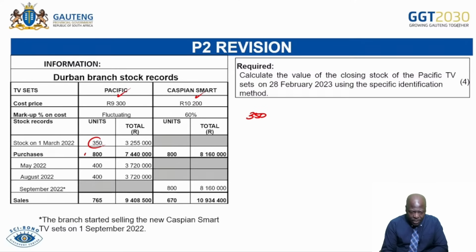And then you have purchases of 800. So you come here, then you say plus 800. That is the purchases. So that's going to give you 1,150 in total. And then you have sold 765. So you come here, then you say minus sales of 765. And in total, that is going to give you now how much?